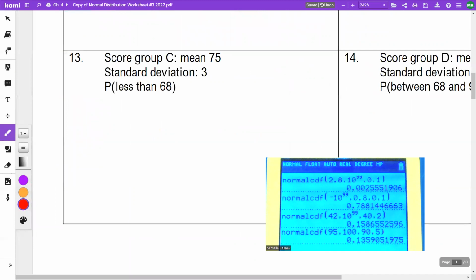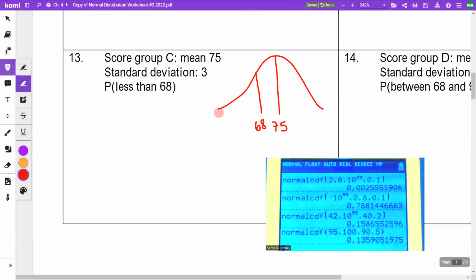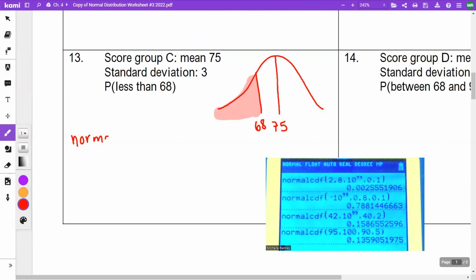On number 13, mean is 75, standard deviation is 3. We want it less than 68 is what we want. So this is going to be normal CDF. Minimum is negative 10 to the 99. The upper bound is going to be 68.